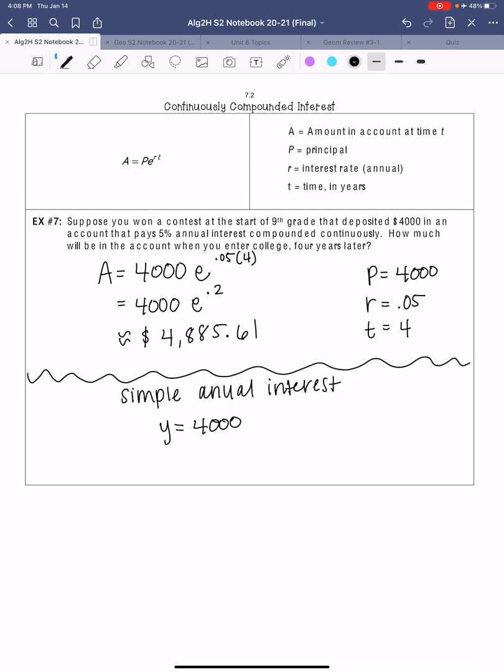So we have to do 1 plus our additional 5%, which is 1.05. That's 105% because we're getting an extra 5% each year for 4 years. Calculator again. We get y is approximately $4,862.03. As you can see, they're close to almost being the same number, but that continuous compounded interest is going to be a little bit better for us.